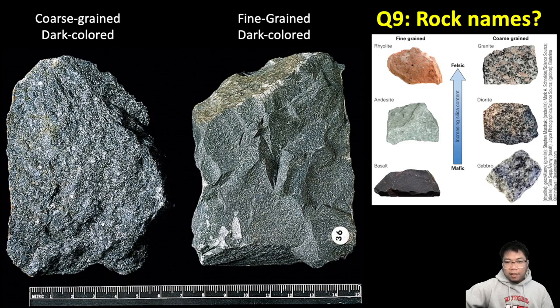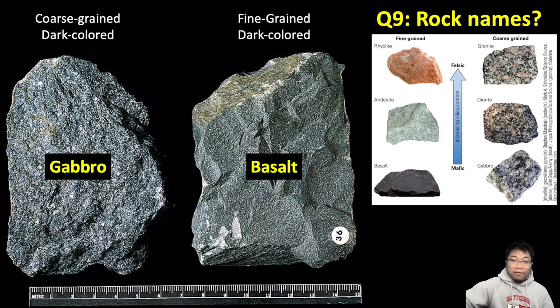So then the question becomes, I have 2 different samples. The one on the left is coarse grain and dark colored, and on the right I have fine grain, also dark colored. What are the names of the two rocks? All right, for those of you who answered gabbro for the left one and basalt for the right one, congratulations, you got it right.